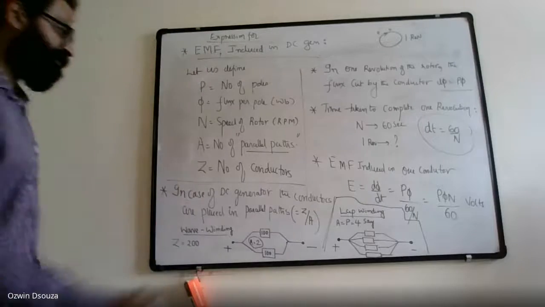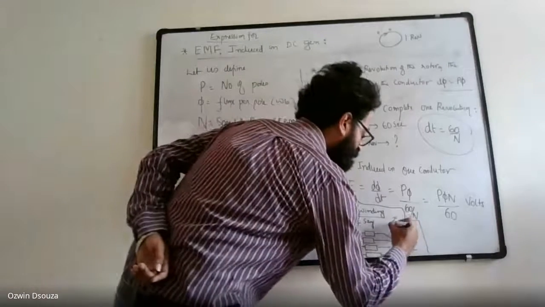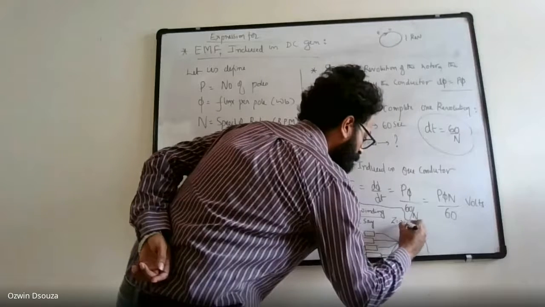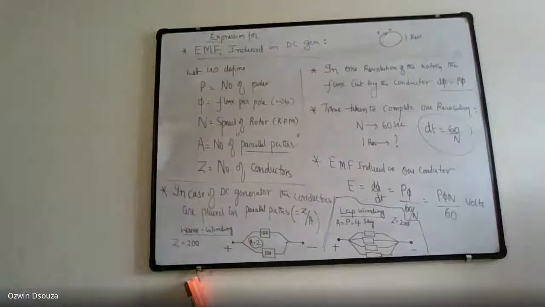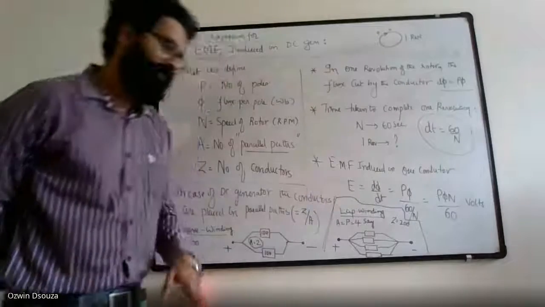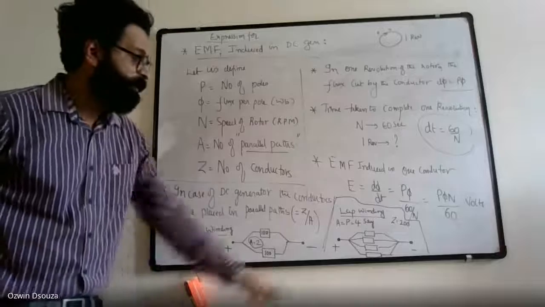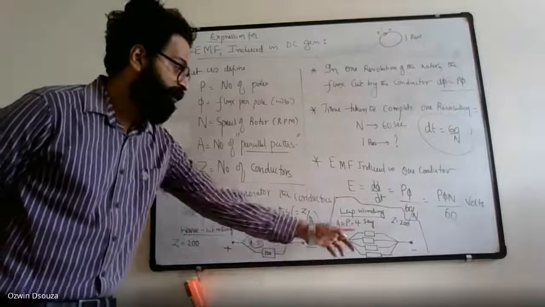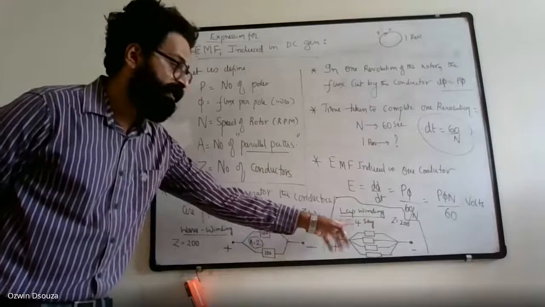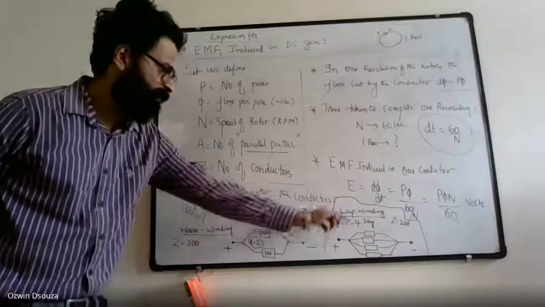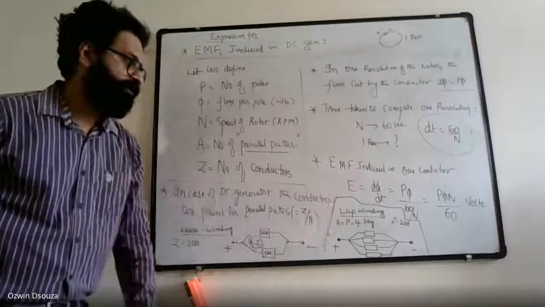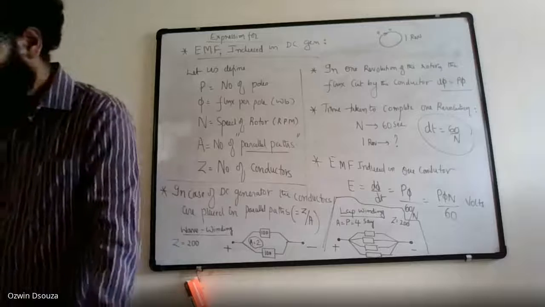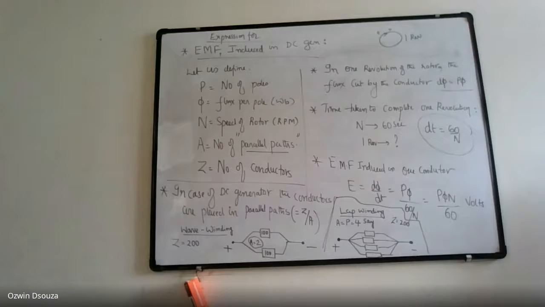Now, for example, again, let us consider Z is equal to 200. So we have a total of 200 conductors, and let us say we are considering a lap winding. In case of lap winding, parallel paths is equal to poles, and we have assumed a 4 pole machine. So 200 divided by 4 basically we are supposed to do.